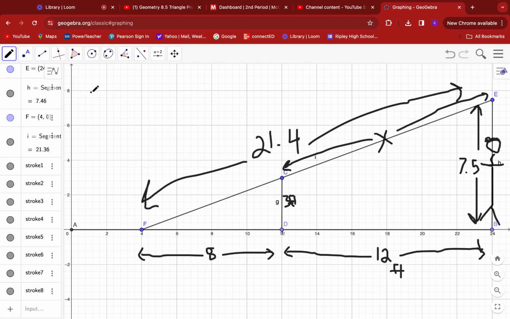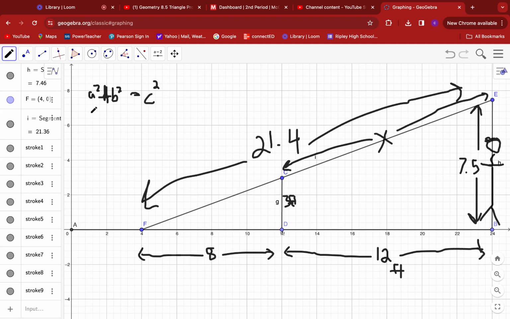So a squared plus b squared equals c squared. 8 squared plus 3 squared equals c squared. Grab my handy dandy little calculator. 8 squared is 64, plus 3 squared is 9.